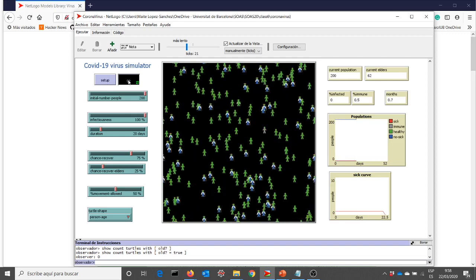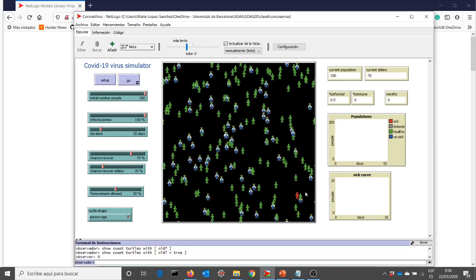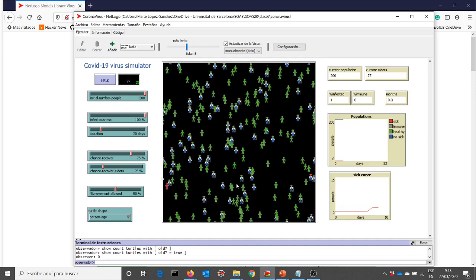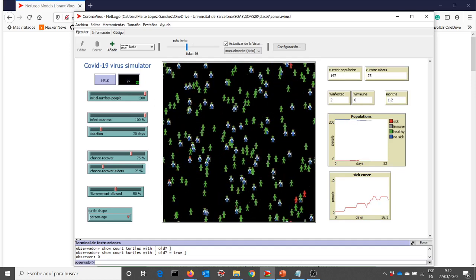we can see in this case the individual that was sick was not allowed to move, so the recovery was very quick. Let's see, here we have this individual. Let's see if this individual now is allowed to move.